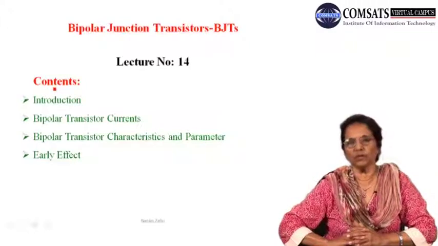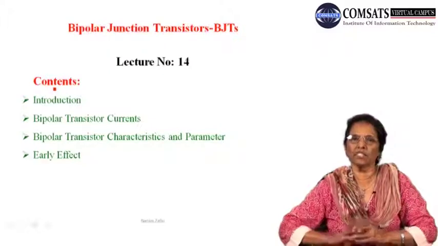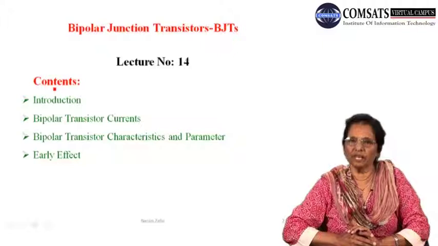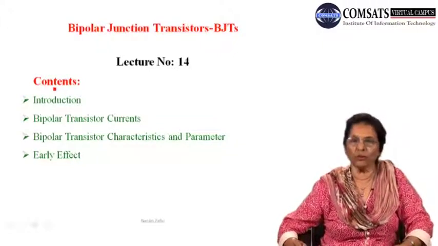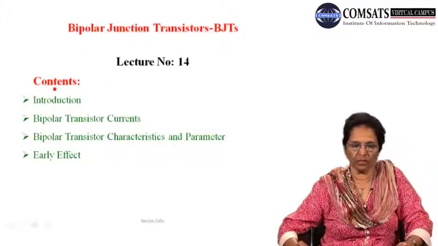And finally we would like to discuss another effect, the early effect, which comes into observation when the base collector junction is very highly reverse biased. So these are the few topics that we would like to discuss in detail in the current lecture today.